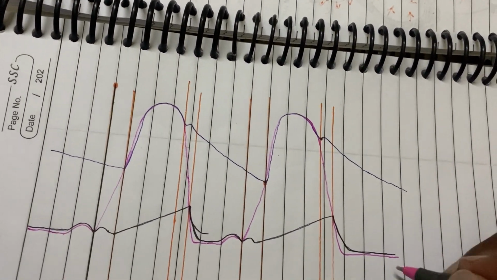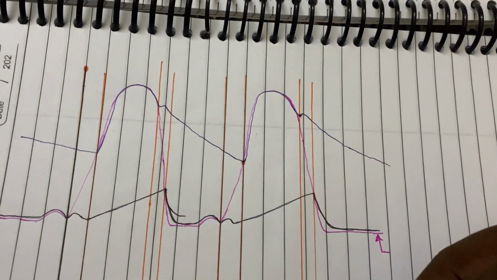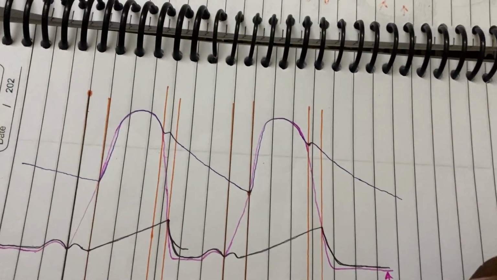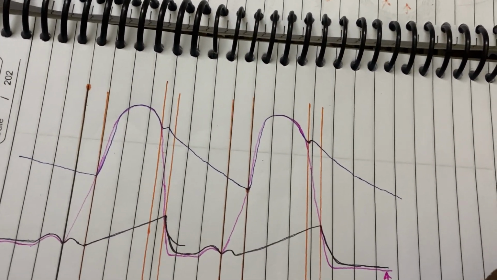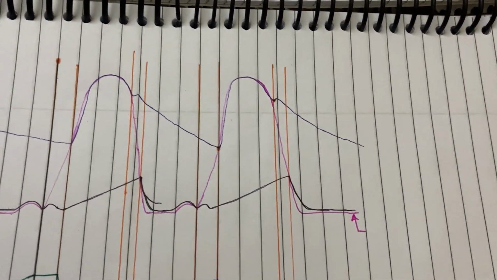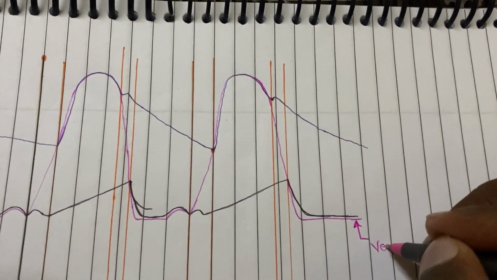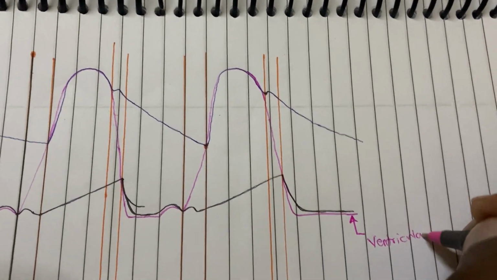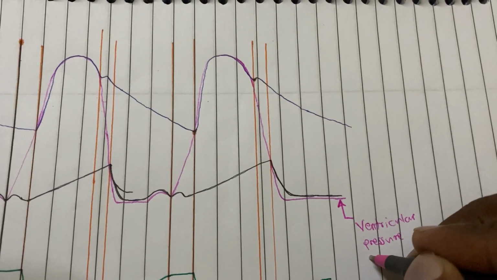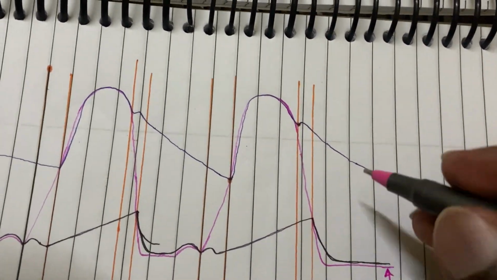Then this one, that pink one, this pink is a ventricular pressure waveform. And then what is this? The black one.